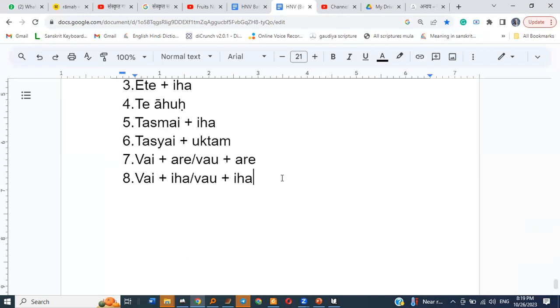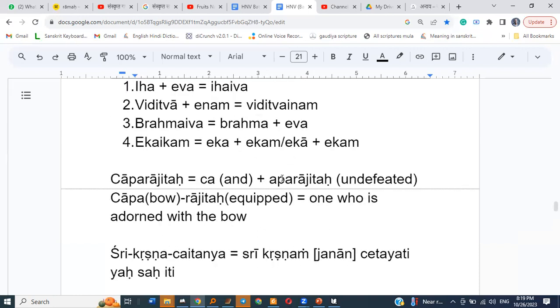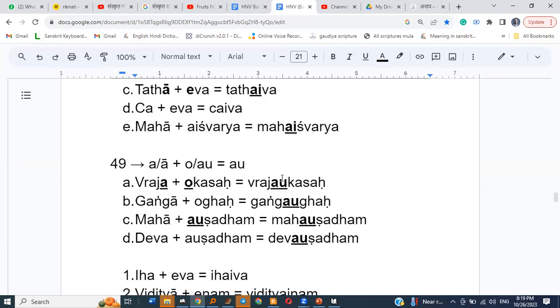Okay. Then the previous one was, we'll have to see the sutra number. The next homework was for 49.